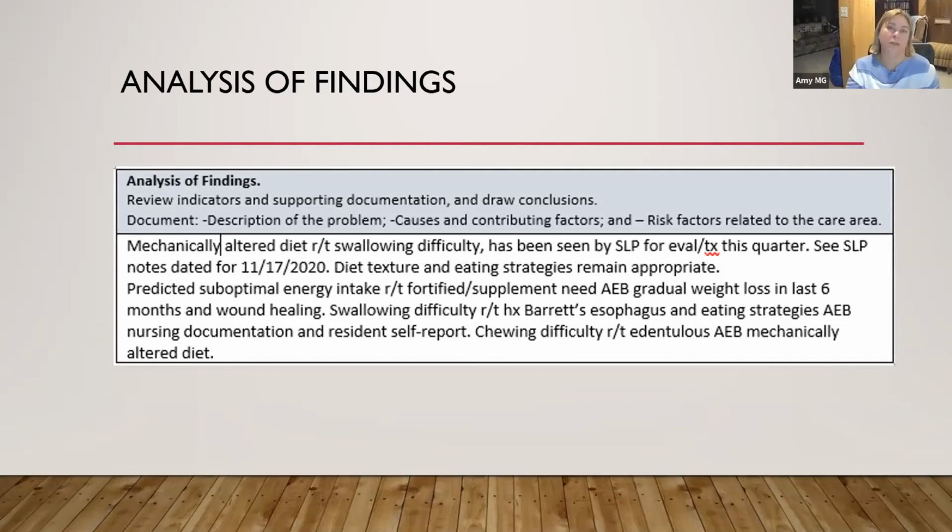But this is when the mechanically altered call was triggered. There was some swallowing difficulty during the ARD assessment. And so when I've done my assessment, I have a portion that talks about nutrition diagnosis. And this is the start of my care plan.